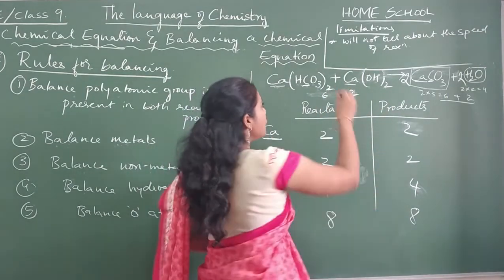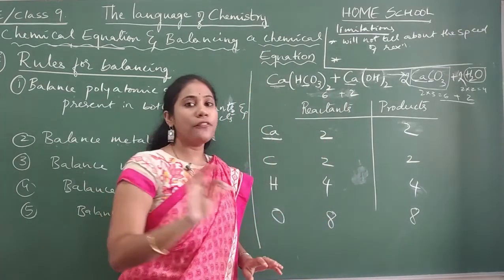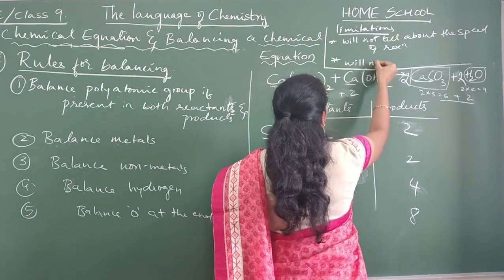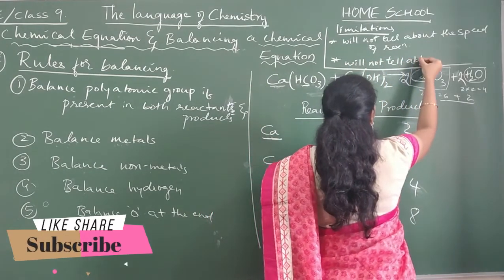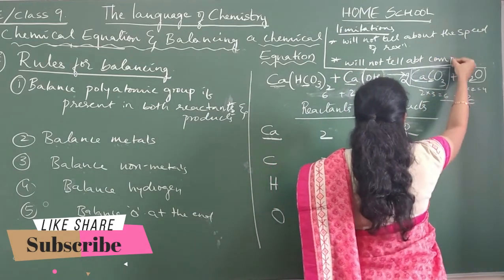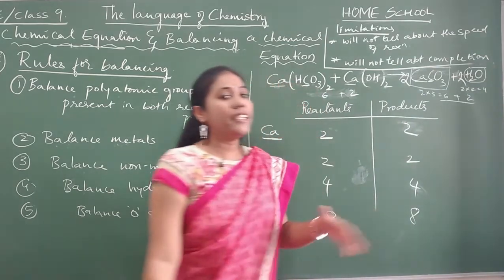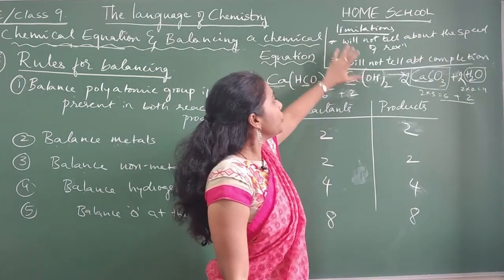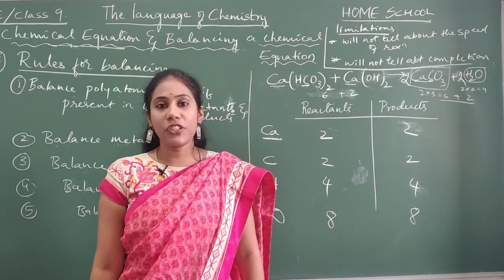And also it will not tell about completion of the reaction. You will not come to know whether a reaction is completed or not. So these are the two limitations that you have to remember on balanced chemical equation.